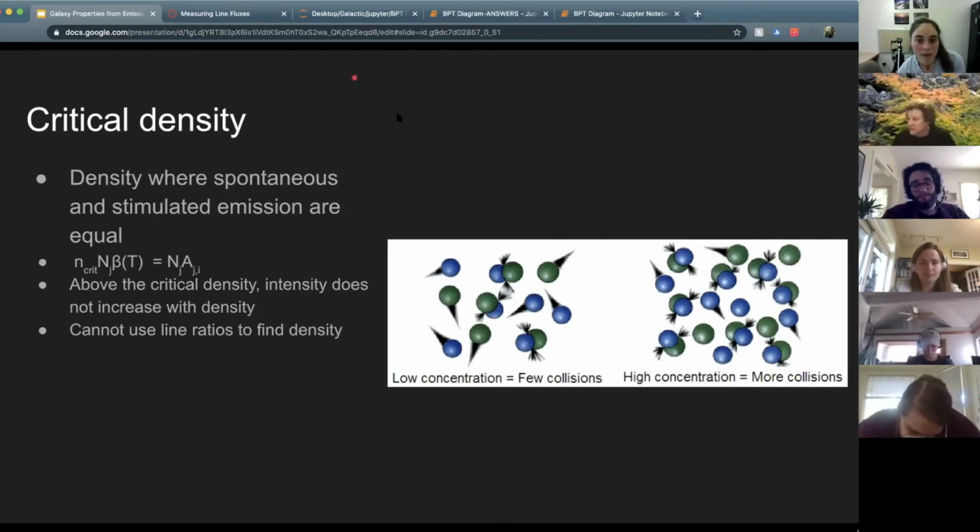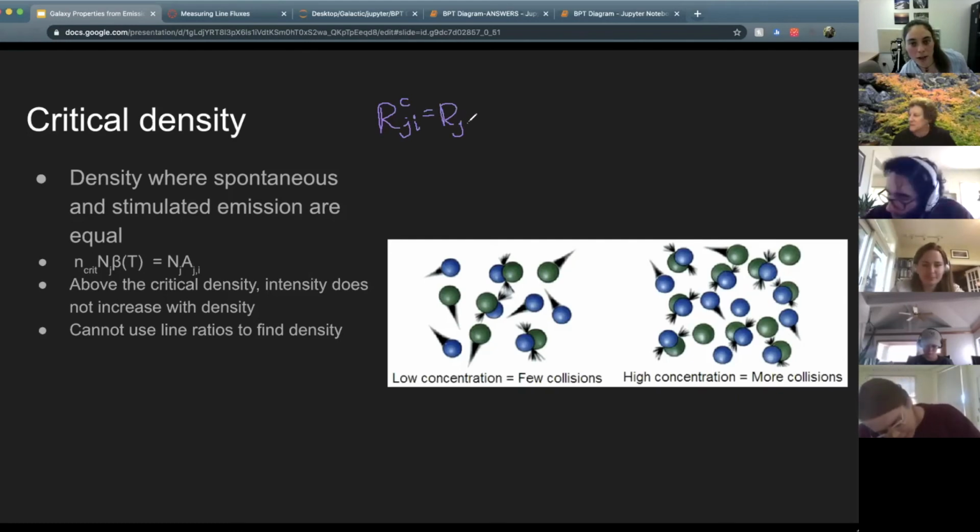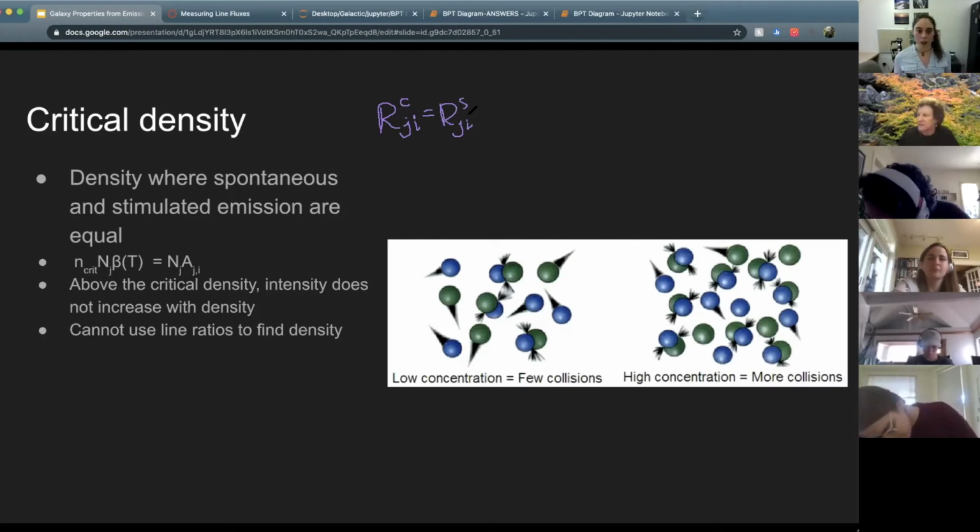So what that means with our equation is that, I can't type that, I have to do my bad drawing, our R J I collisional is going to be equal to our R J I spontaneous. So this is the density at which that is true. Collisional and spontaneous emission being equal is called the critical density.